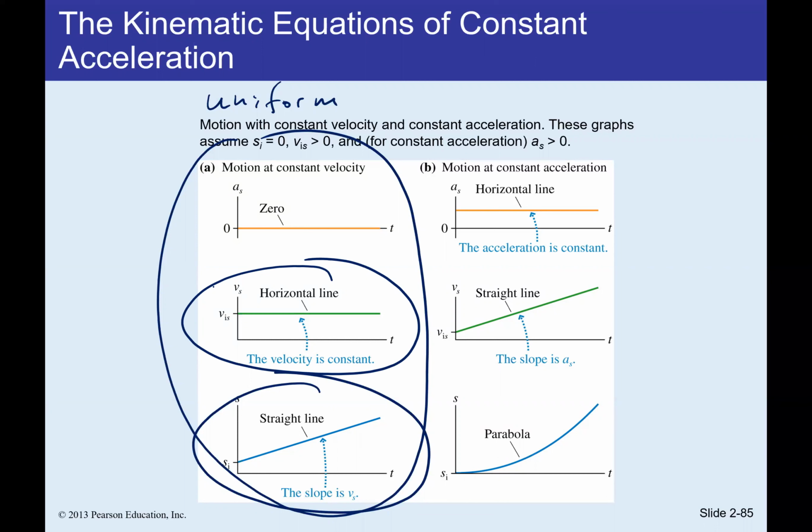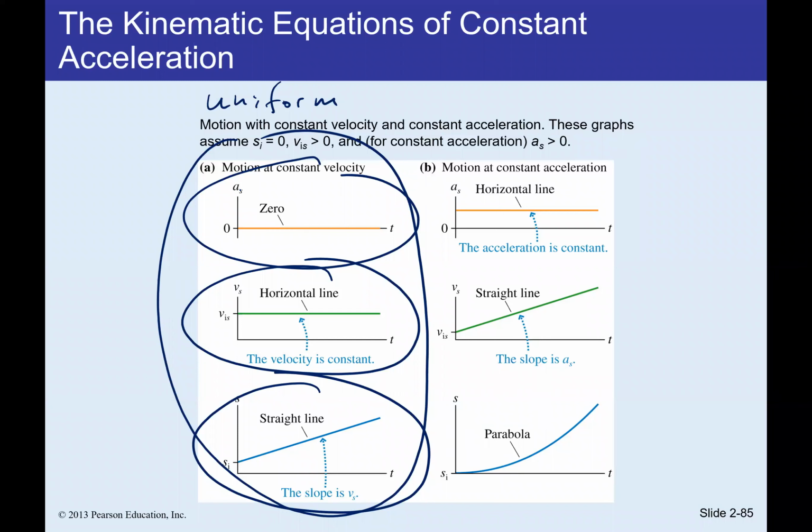And since acceleration is the slope of the velocity, acceleration here is 0. That's how we can also define uniform motion: displacements are equal for equal time intervals, velocity is constant, the velocity graph is a horizontal line, and acceleration is 0.